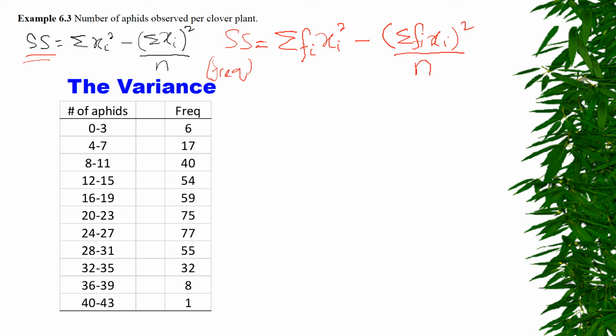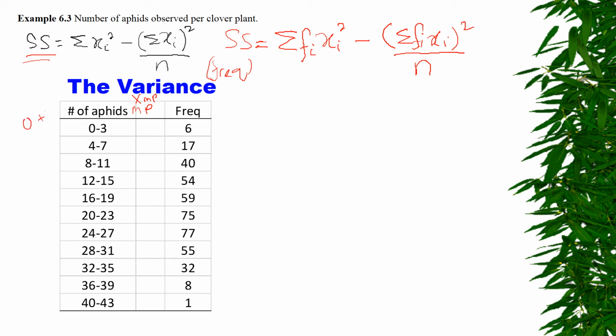So the first thing you need to do when you have the frequency data and you want to find the sum of squares is look at the class here. We usually need to find the midpoint. Sometimes they call it x and p. So this is the range, and you need to find the midpoint. How to find the midpoints?